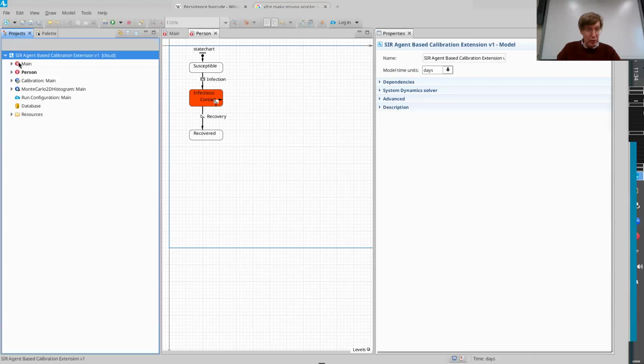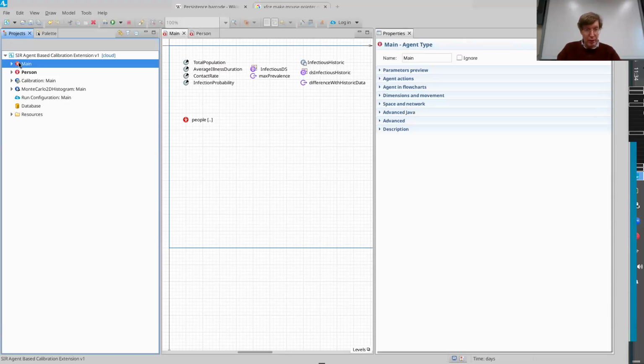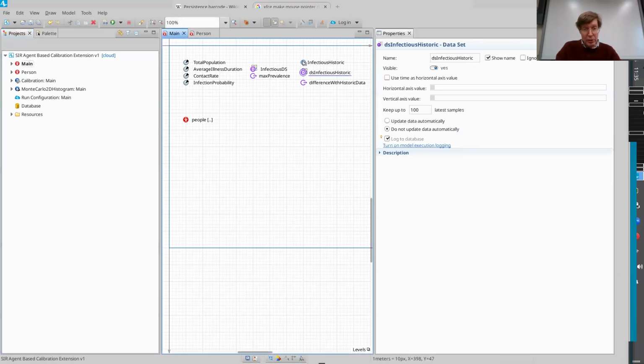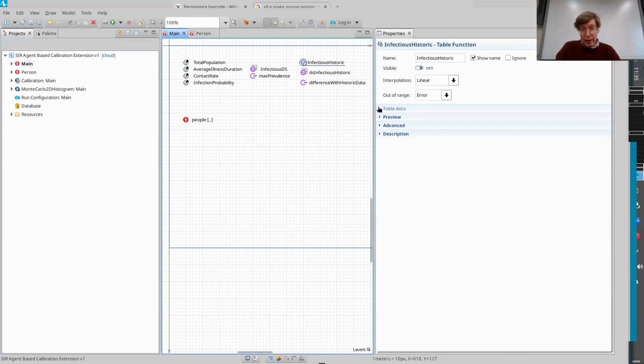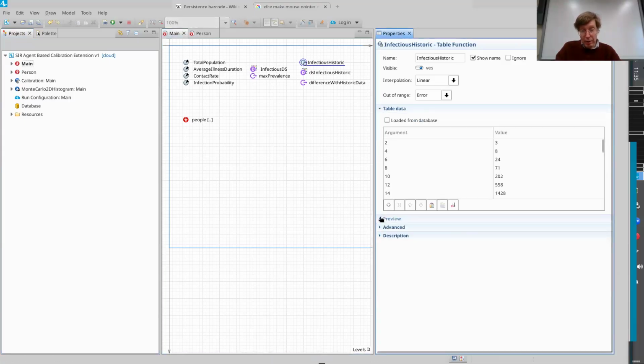It consists of a main environment, which captures some information that will be important in the calibration, these data sets. And it further provides some information against which we are calibrating the model.